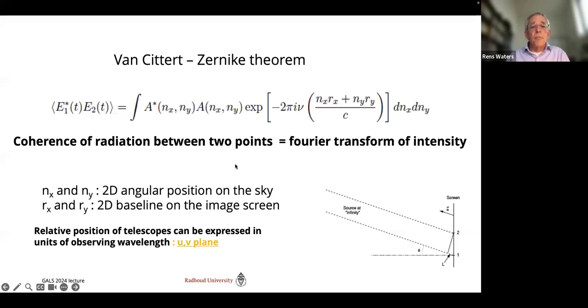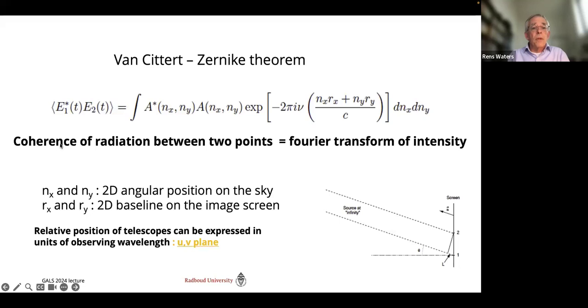The basic principle behind interferometry is the van Cittert-Zernike theorem, which tells us that the coherence of radiation between two points that reach the aperture is an integral of the intensity, which is this term here, and this term is the Fourier transform of that intensity.